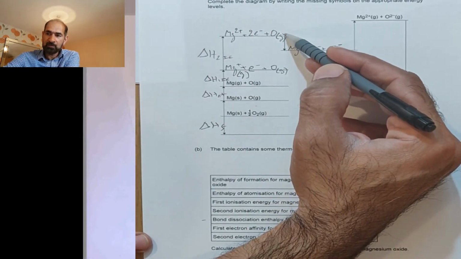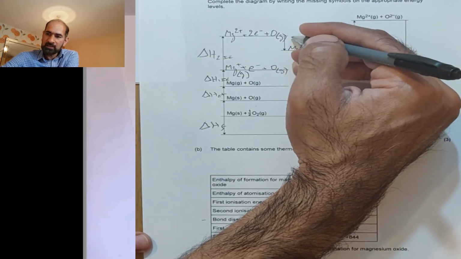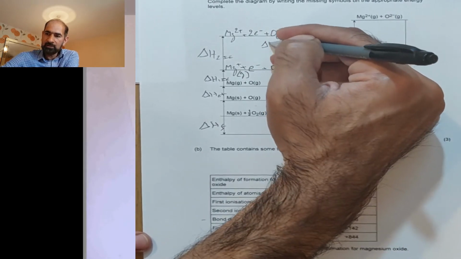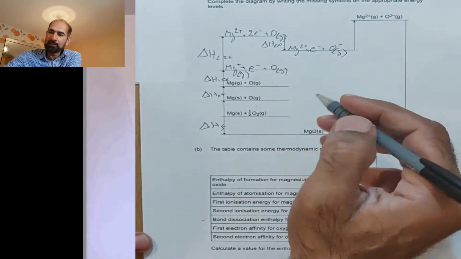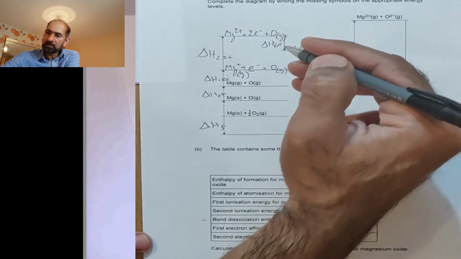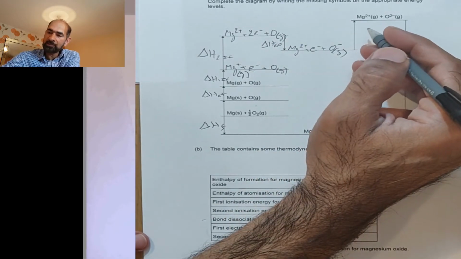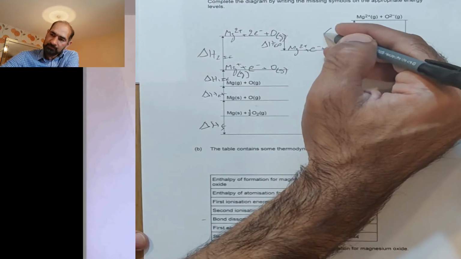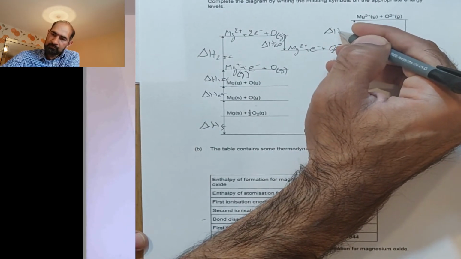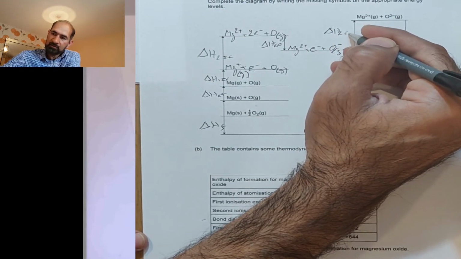When oxygen accepts an electron, that's the electron affinity, and maybe I should have put 1 EA. And then here, maybe I should put it down, otherwise you're going to complain about it. And a second electron affinity, so that's done.